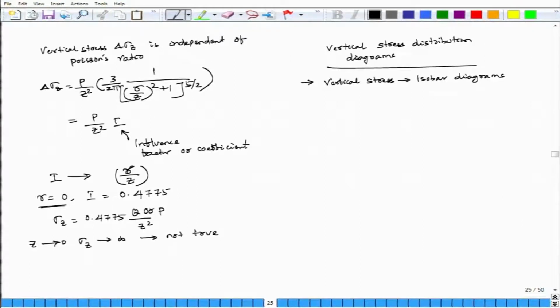Second one is your vertical stress distribution on a horizontal plane below the ground surface.